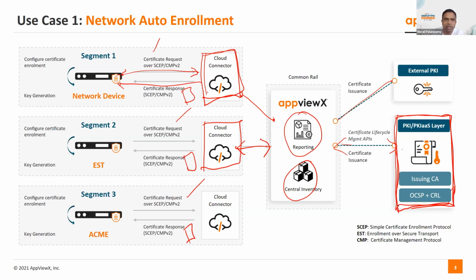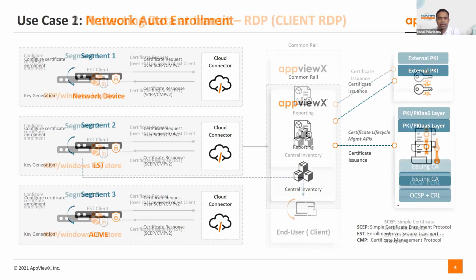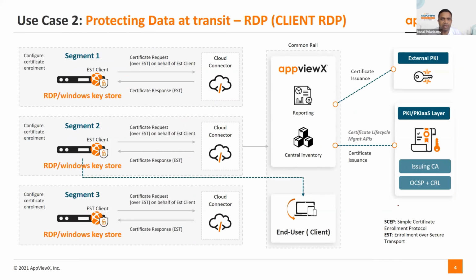in a segmented environment. So the next use case is what I believe Richard and Jeff did highlight, the Windows RDP. So the Windows RDP store, where when you are remote connecting to those segments and you want to handle the RDP certificates on those endpoints, you can easily enable our EST client, which fully automates through a standards-based protocol, and the cloud connector acts as the EST server, right?